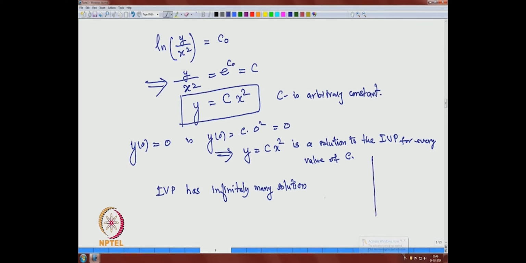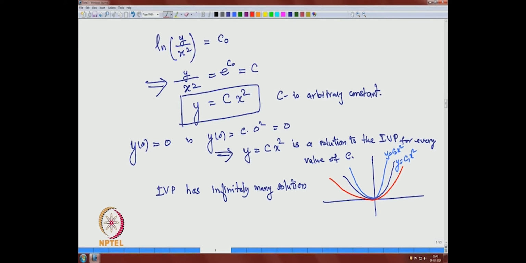If you look at the solution, this is a parabola, y is equal to C x square for one value of C, and for another value of C, this is another parabola, y is equal to C1 x square, y is equal to C2 x square, and for any value of C this is also another solution.